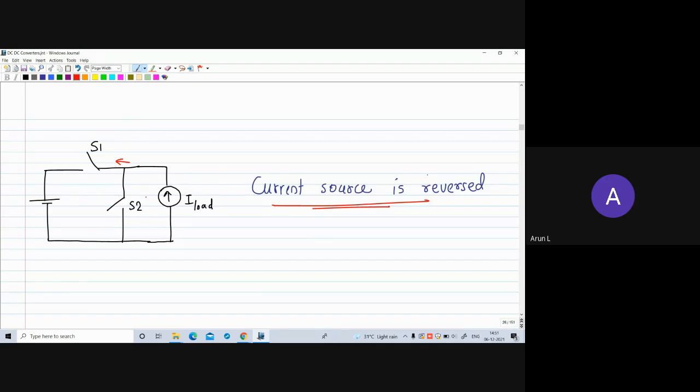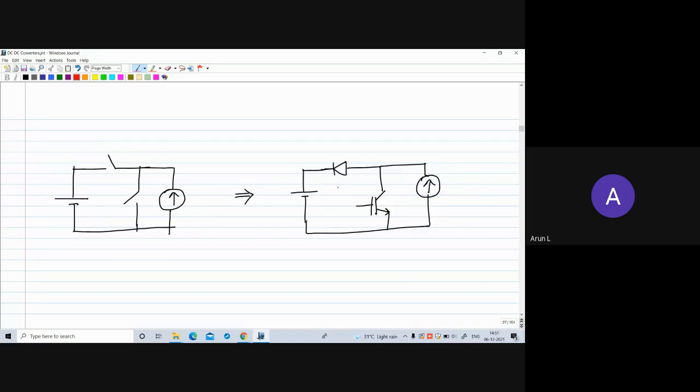And let us now realize S1 and S2 in this particular circuit. If you apply the principle shown in the previous slide, S1 blocks positive voltage, so S1 will be a diode and S2 can be emulated using an IGBT connected like this.